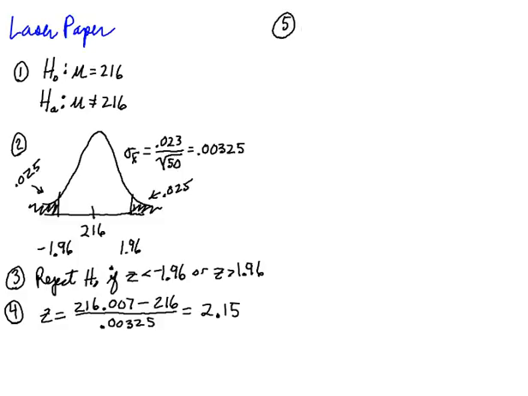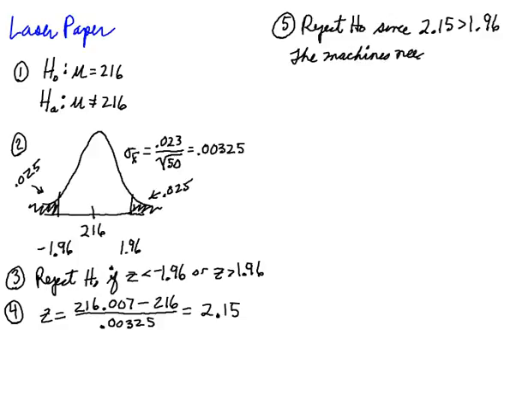So step 5, we're going to reject H sub 0, since 2.15 is greater than 1.96, and conclude then that the machines need adjustment.